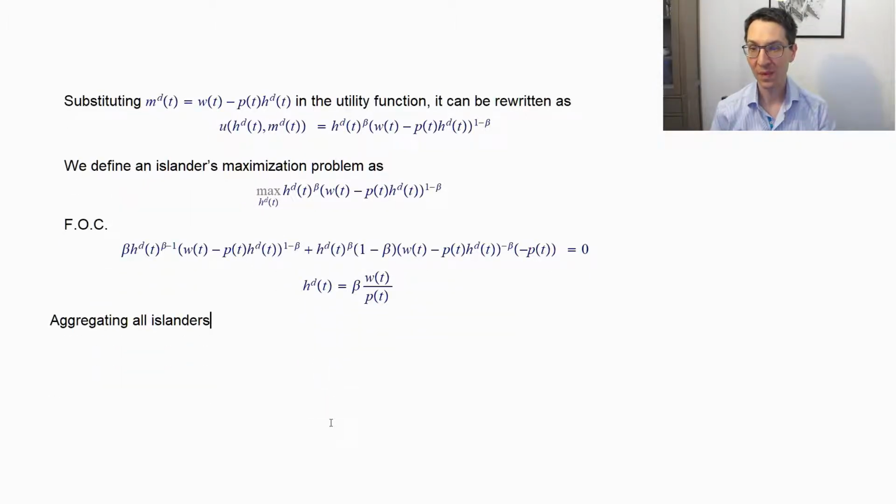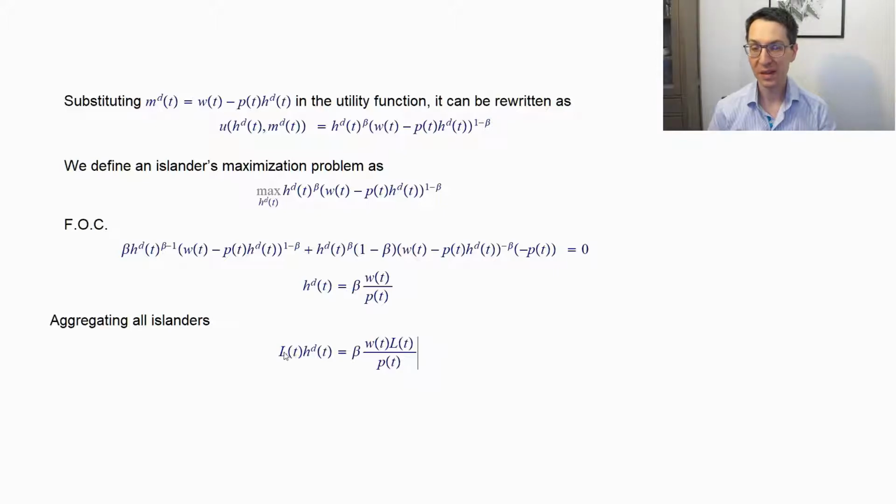So we can just multiply L_t on each side, and we get L_t multiplied by H^D_t equals beta multiplied by W_t L_t divided by P_t. And as we already said, all islanders are the same.